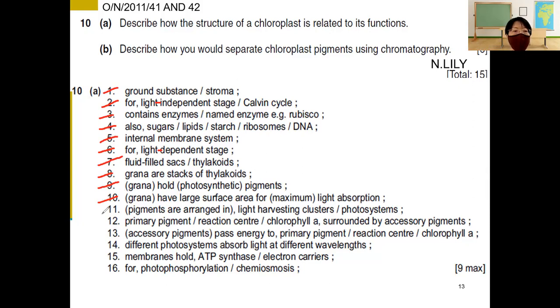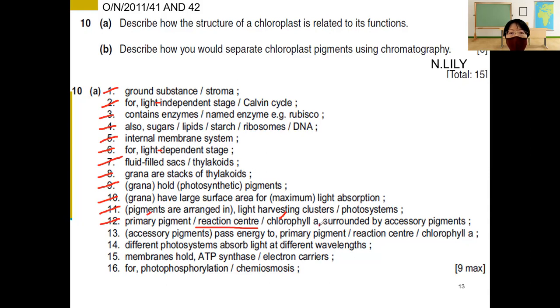Okay. So zooming into the membrane, it contains the photosystem, which is the light harvesting complex. Okay. So we have got light harvesting complex. It's made up of 2 parts, right? Sorry. The photosystem is made of 2 parts: the light harvesting complex and the reaction center. Okay, so reaction center may contain chlorophyll A, which is also called the primary pigment.